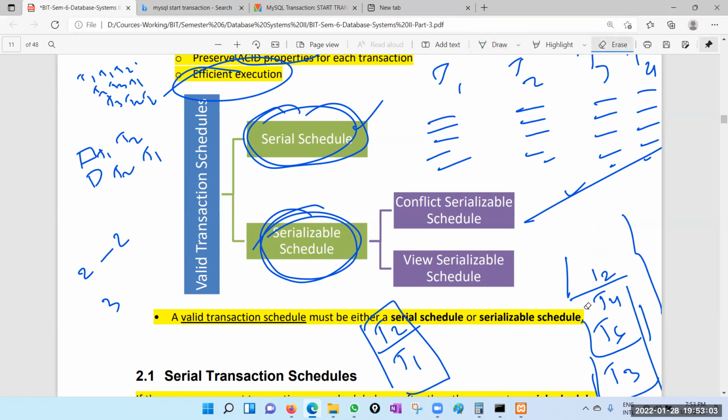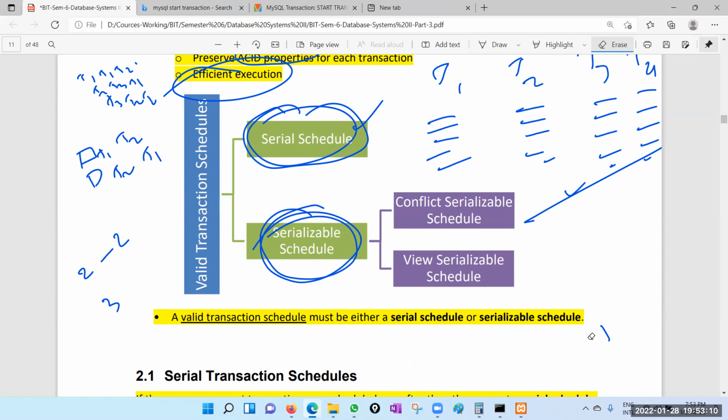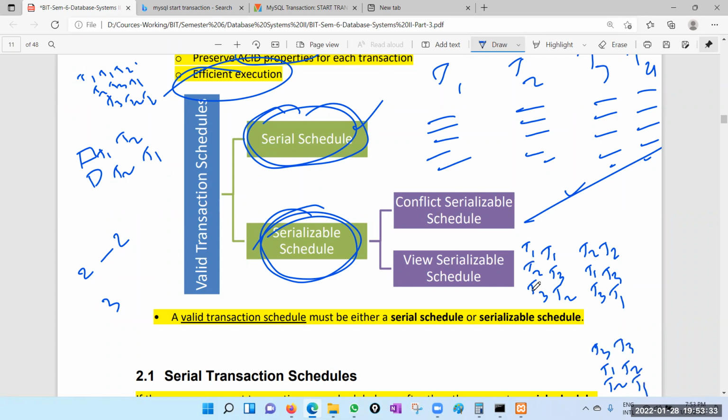So there are three transactions. How many serial schedules are possible? T1, T2, T3; T1, T3, T2; T2, T1, T3; T2, T3, T1; T3, T1, T2; and T3, T2, T1. Six possibilities are there.